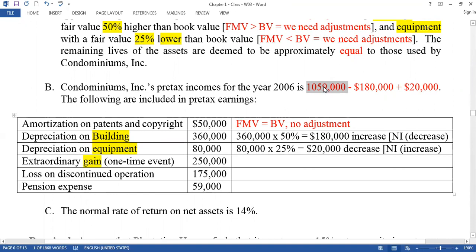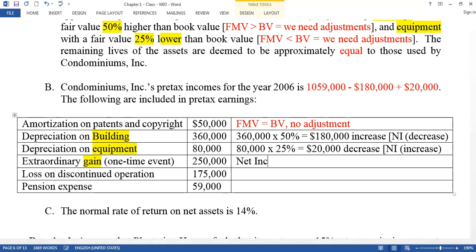Because of this gain, it is included as a plus sign, right? Do you understand? This gain is already included here as a plus. But this gain will never happen in future because this is a one-time event. So in future, if it will not happen again, your net income will increase or decrease in future? Decrease, very good.